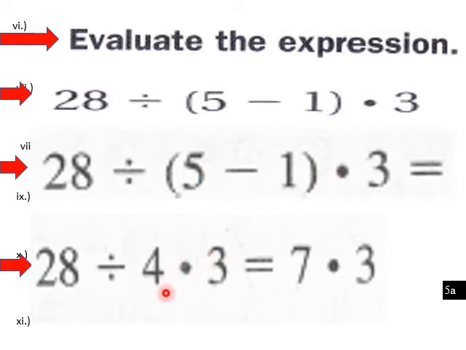Then division and multiplication, reading from left to right. So 28 divided by 4 is 7, times 3. So we have 7 times 3, which equals 21. So that would be the evaluation of this expression here.